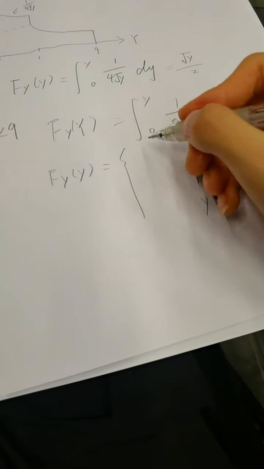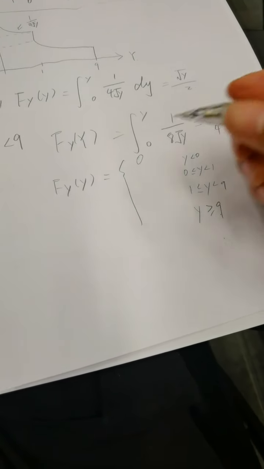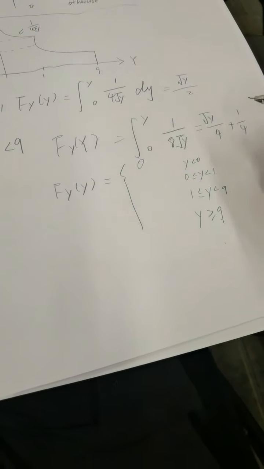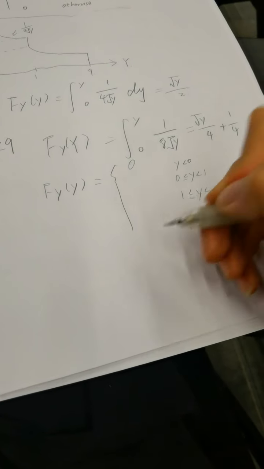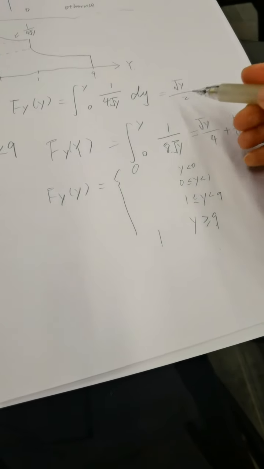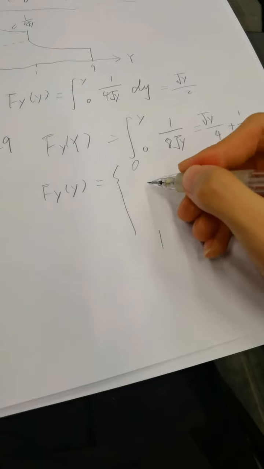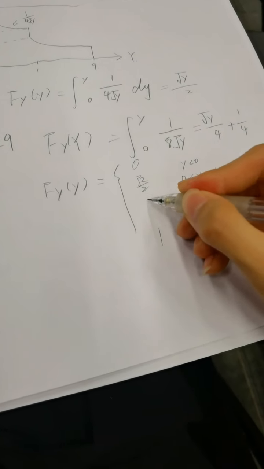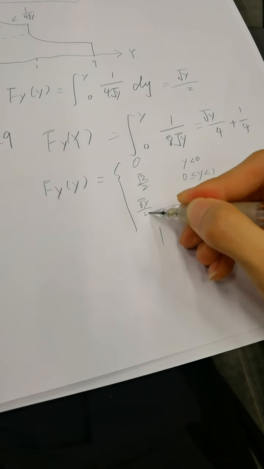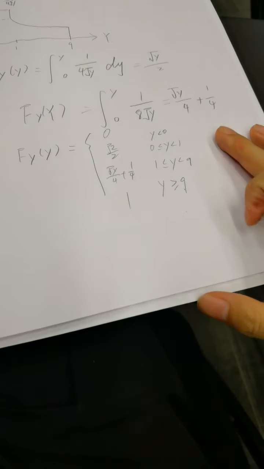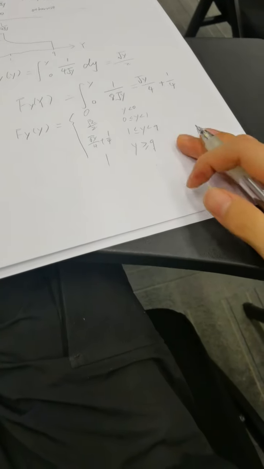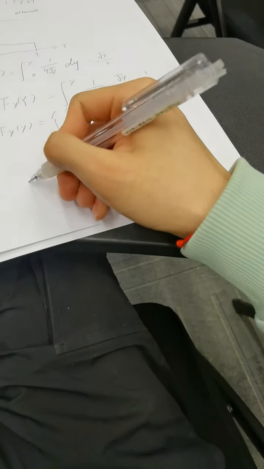The first one is 0, because y is smaller than 0. If y is bigger than 9, it's 1. And we can use the answers we calculated before. So we get the big F(y) equation. When we get the equation, we can draw the graph.